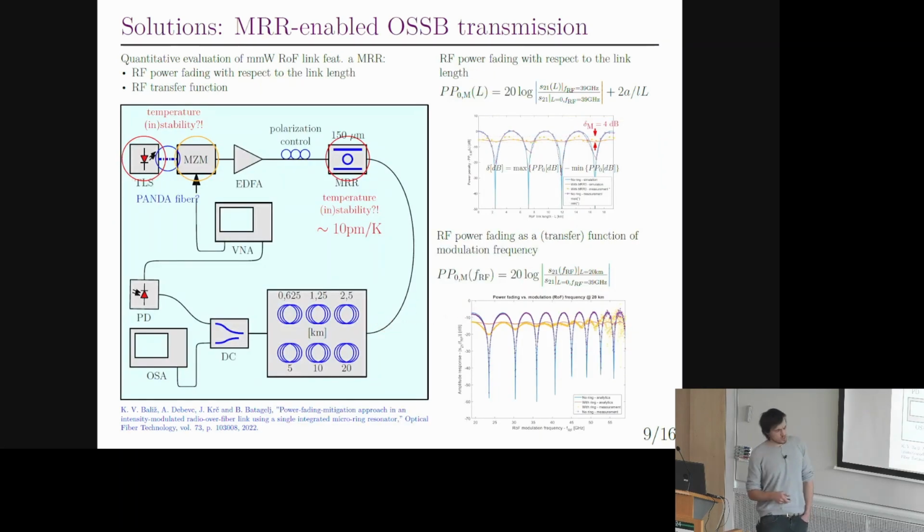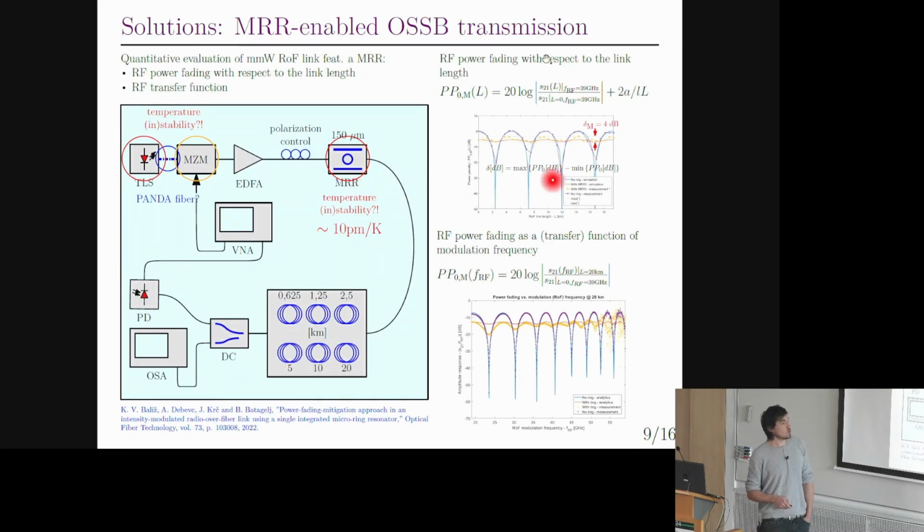Yeah, but the problem with ring resonators is that they're highly susceptible to temperature fluctuations. And what happens is that the resonances shift with time, which is obviously unfavorable because we want to suppress the undesired sideband by a constant amount.